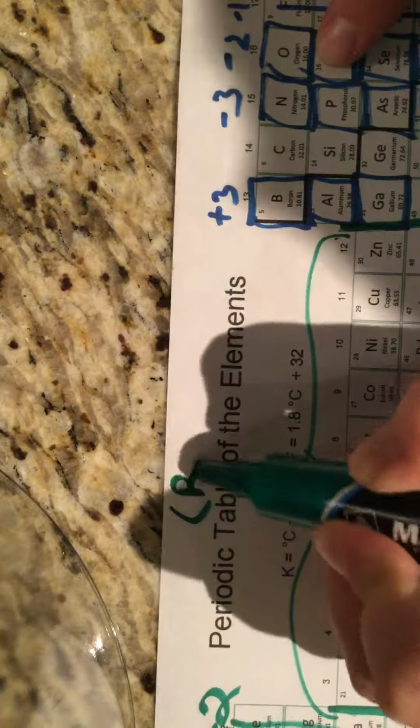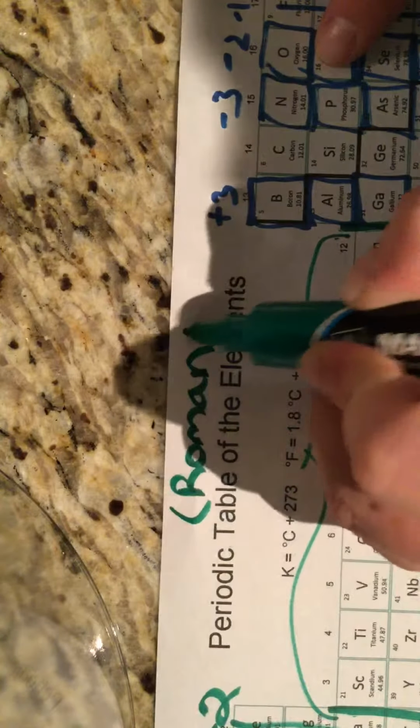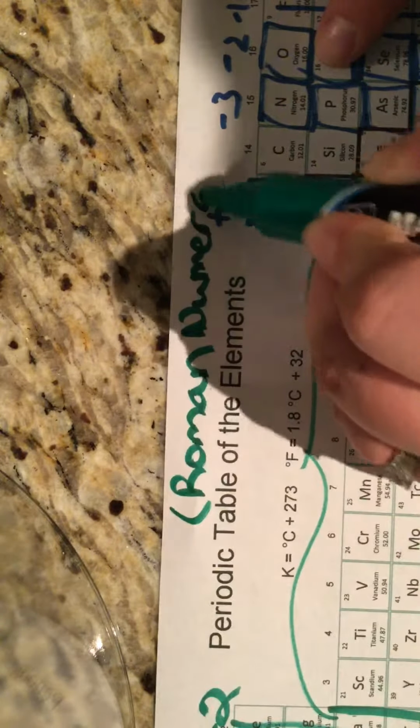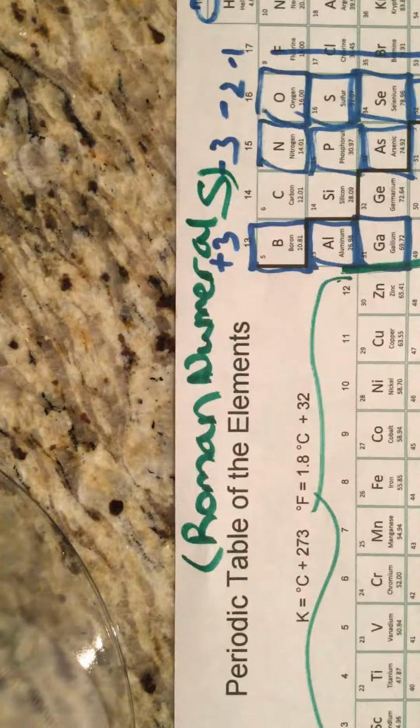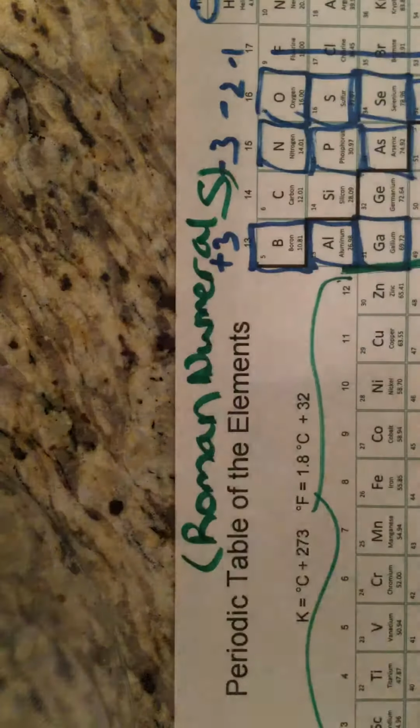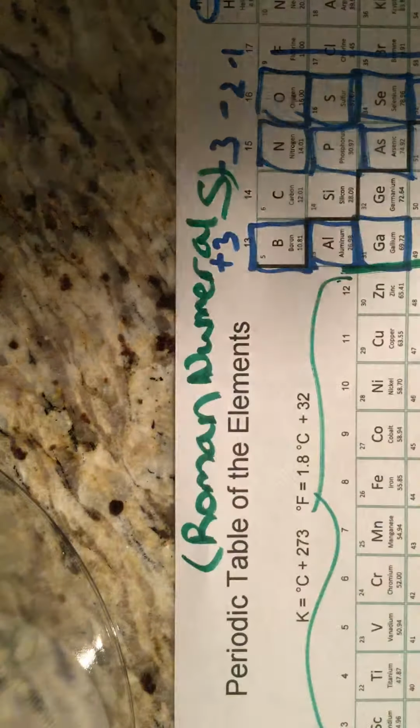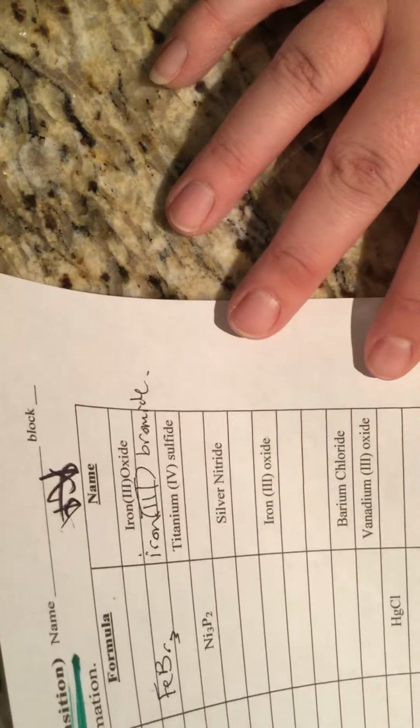All of those elements, and I've run out of space here, those ones get Roman numerals. Even though they're technically not transition metals, they actually act like one, and that's why we're going to include them in our Roman numerals. Okay, enough said there.